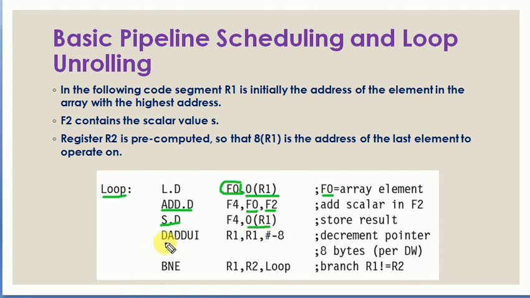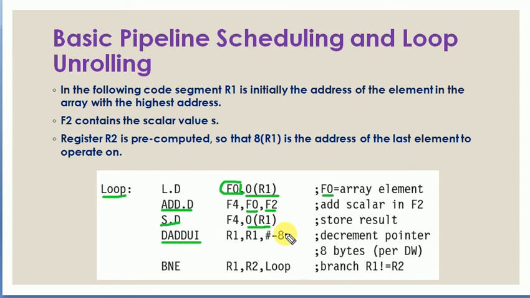Then we use a double add with an unsigned integer to decrement the pointer, that is, decrementing from 1000 to 999. So R1, which is the 1000 array location, will be decremented. R1 comma, we are adding -8, the byte value of that particular integer value.